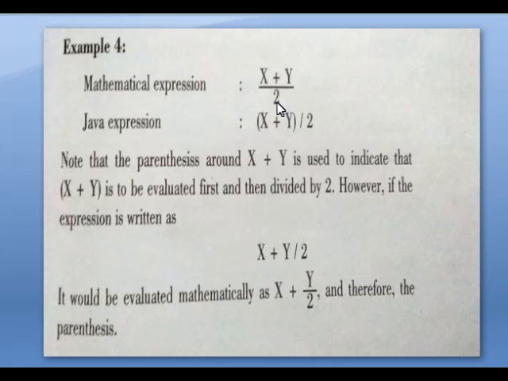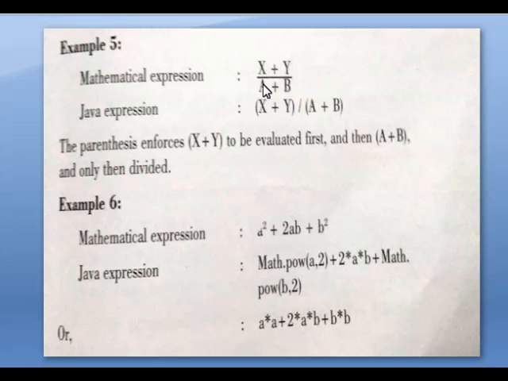The upper part is x + y, that will be inside the bracket, / 2. Example number 5, the mathematical expression is (x + y) upon (a + b). So the x + y is inside the bracket, so (x + y) / (a + b).